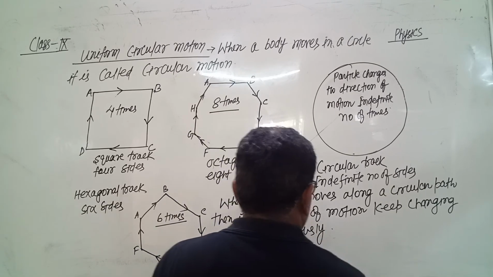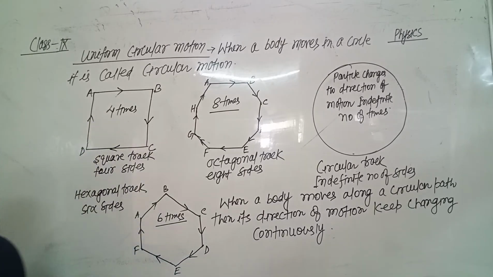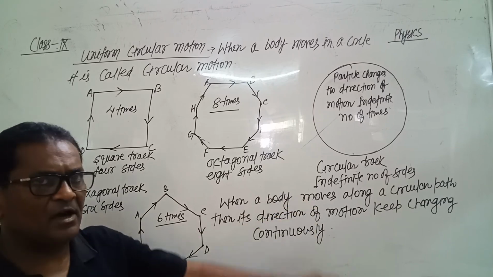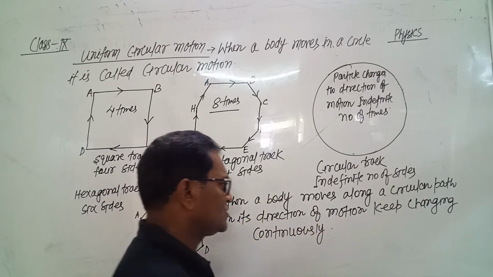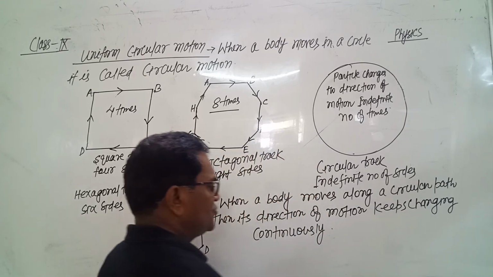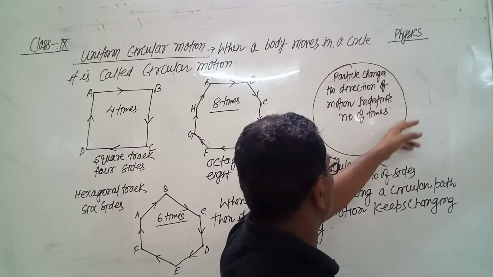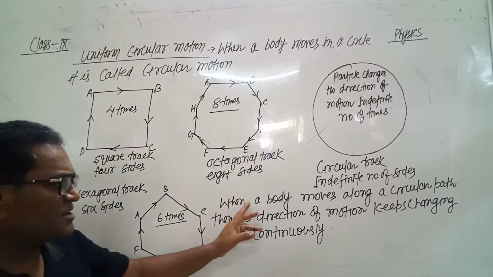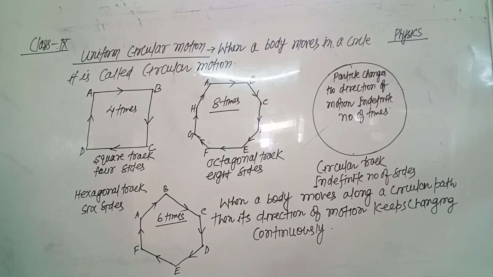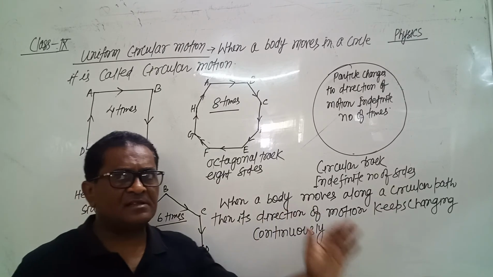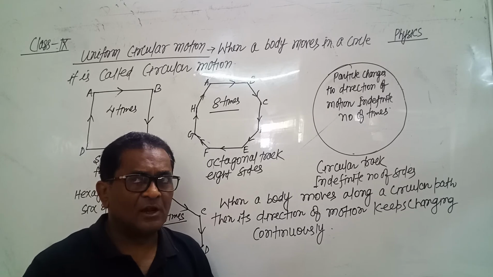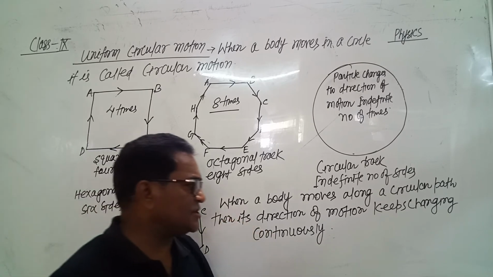When a body moves along a circular path, its direction of motion keeps changing continuously. The direction of motion changes, but speed doesn't change.